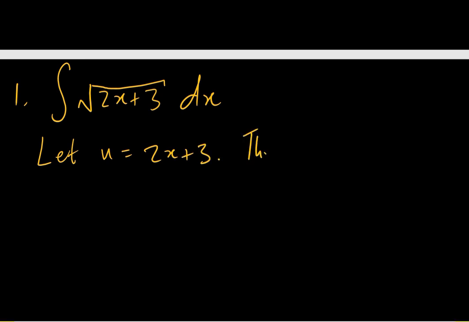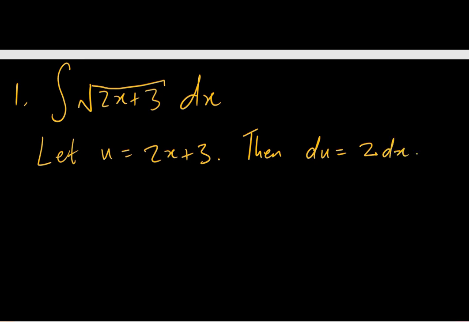Then we take the derivative of u with respect to x. So du is equal to, now what's the derivative of 2x plus 3? With respect to x, the derivative of 2x is just 2. Plus 3, well 3 is a constant, so the derivative is 0. So it's just 2 dx.